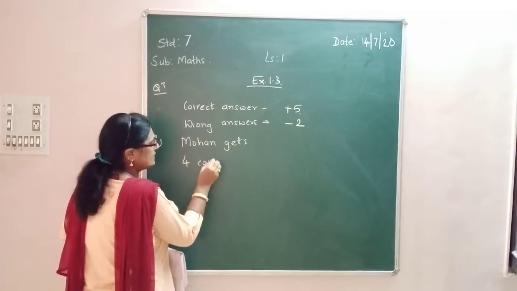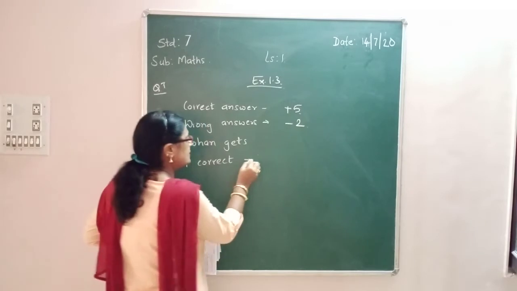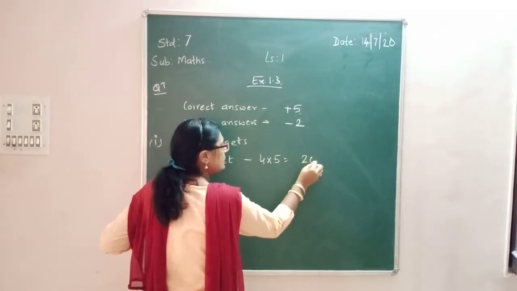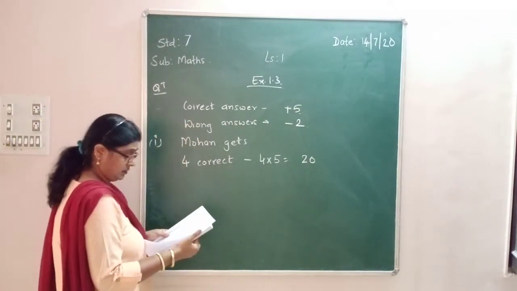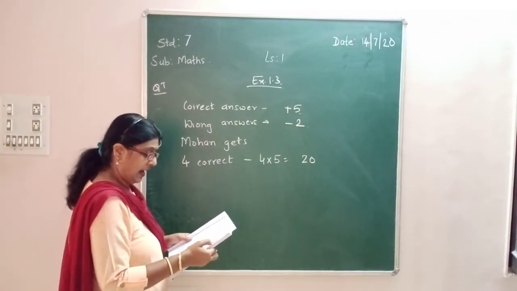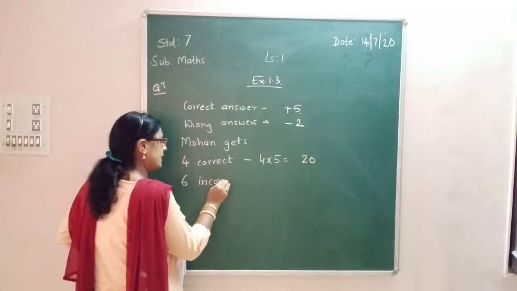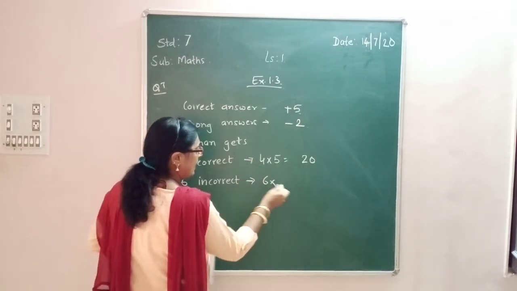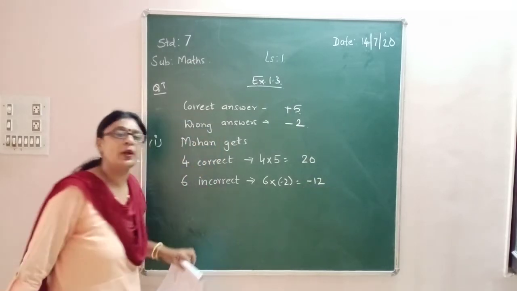4 correct answers. So that is 4 multiplied by 5, that is 20. Right? And 6 incorrect. That is 6 multiplied by -2. That is equal to -12.